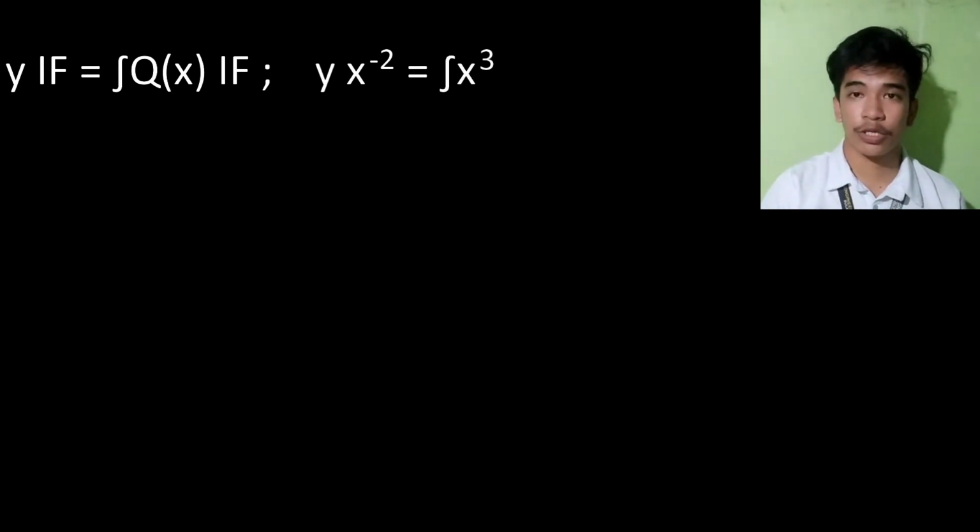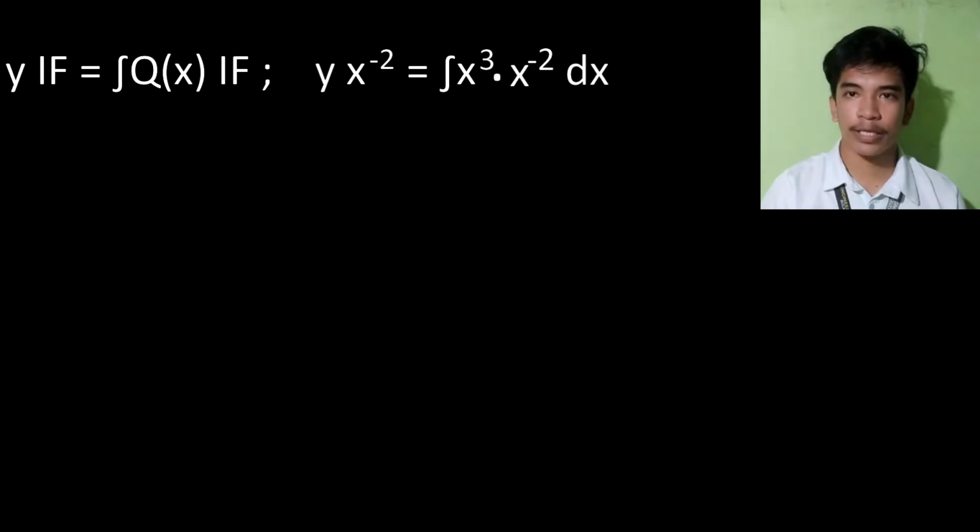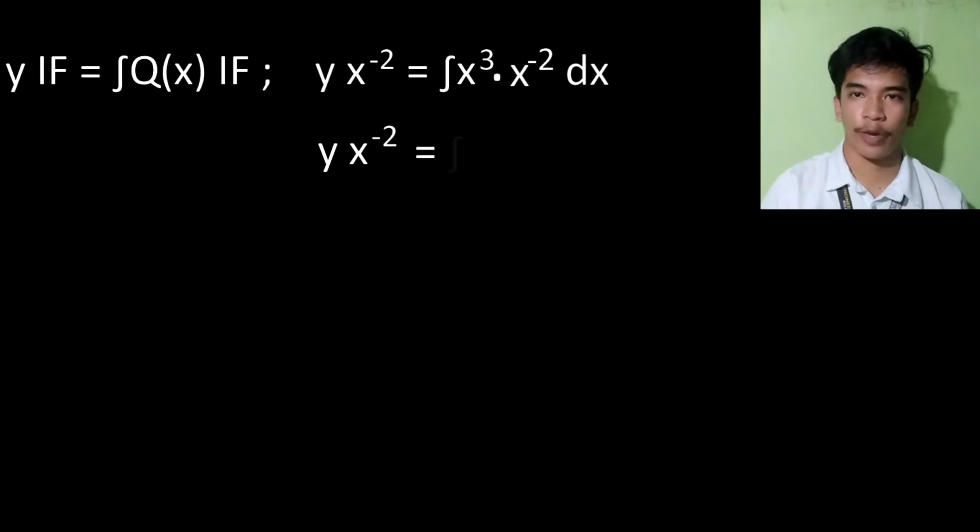Yung x cube multiplied by the IF, or x raised to the negative 2 dx. And what is x cube multiplied by x raised to the negative 2? Simply x na lang po. And then, may siyang yx raised to the negative 2 equals integral of x dx.